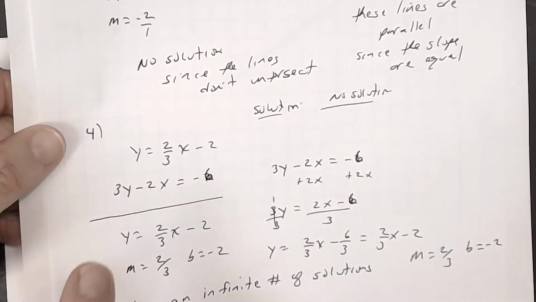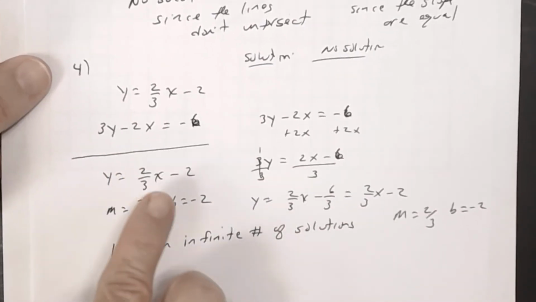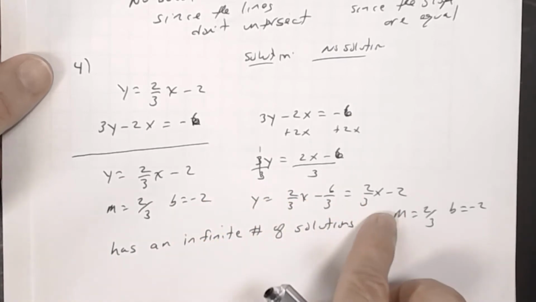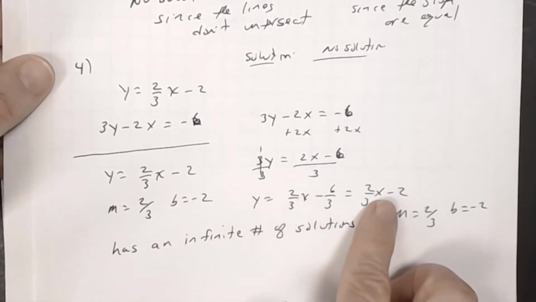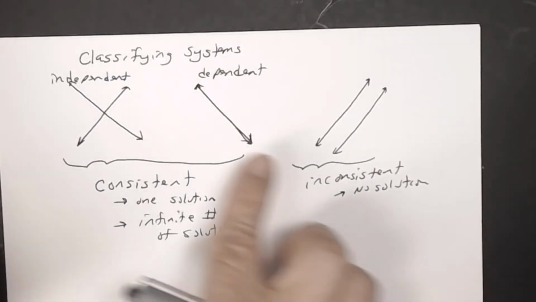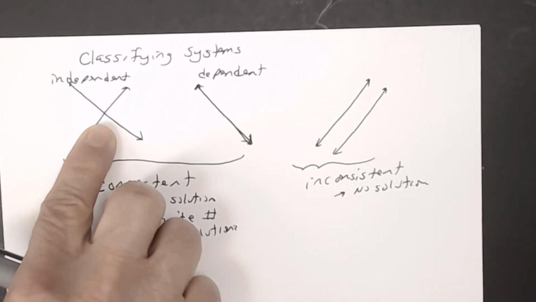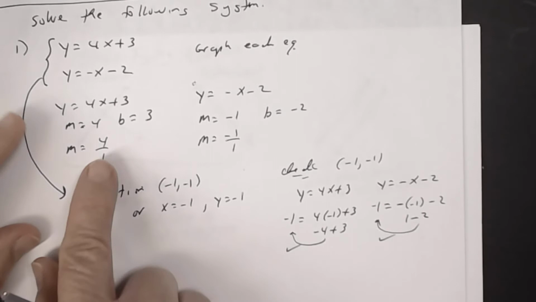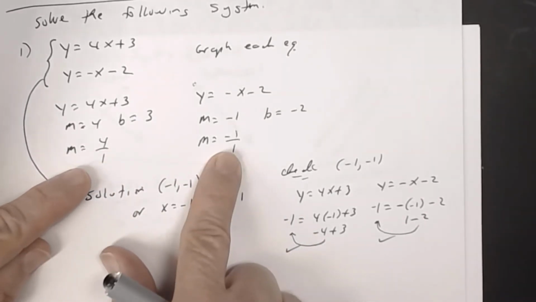Okay, so I want you to notice something. When we graphed this, the slopes were the same and the y-intercepts were the same. When we graphed a system where it intersected only at one point, I want you to notice that the slopes in both cases were different, right?